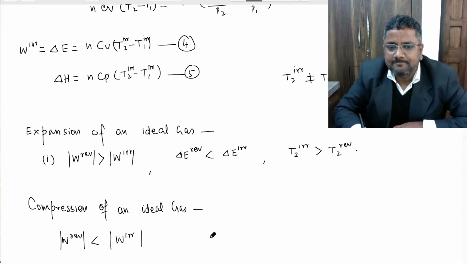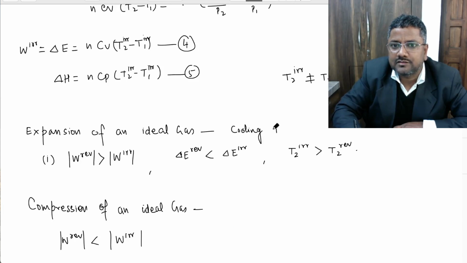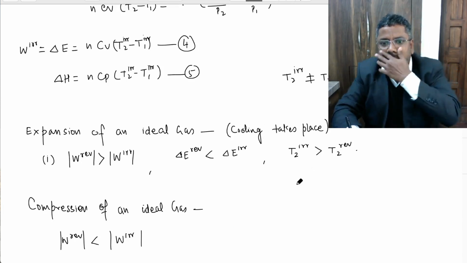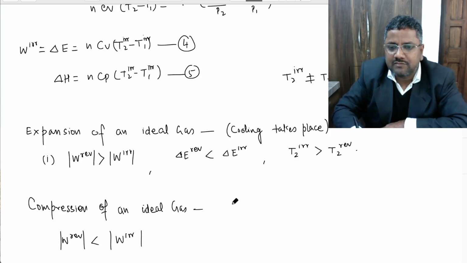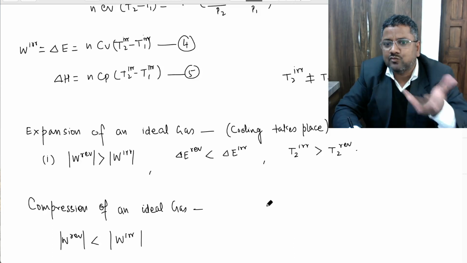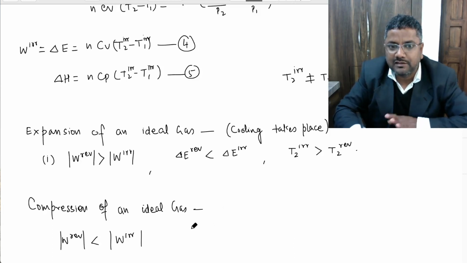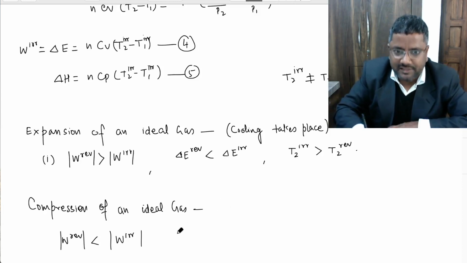Means, in expansion, cooling takes place, means gas will cool down. And in case of compression, temperature will rise, means gas will become warm, right? So in this case temperature is rising, so warming takes place.